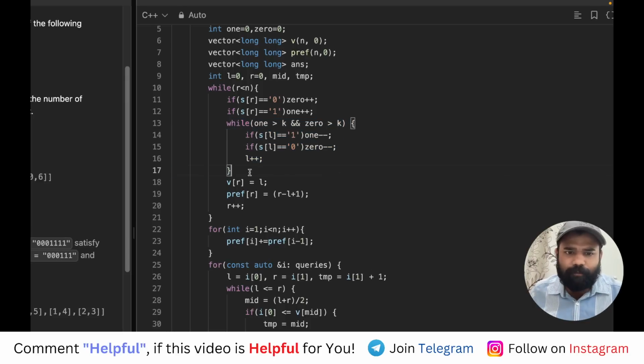So I will simply make V of R equal to L, and V prefix of R will be equal to R minus L plus 1, which is the length of that particular sub-array. Basically it means that at this R index a k constant sub-array is ending, which has this much length.